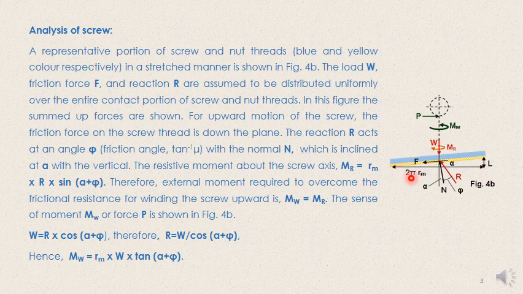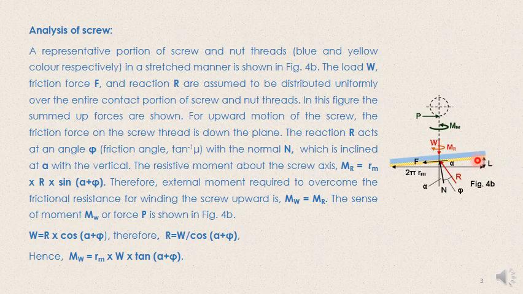So 2 pi rm is one full rotation of the screw, and this I am writing as the lead L. What is this lead L? If it is a single start screw, then L equals P. I could have written this as P, but in a general sense I have written L.